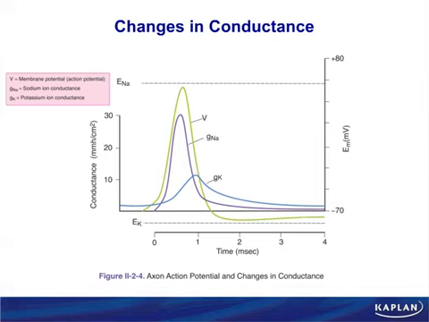Their kinetics are pretty slow, so as a result we actually go below rest, so we get a little bit of a hyperpolarization, and then ultimately those channels will close, and we'll return back to our resting conductance of potassium and sodium, and thus resting membrane potential.